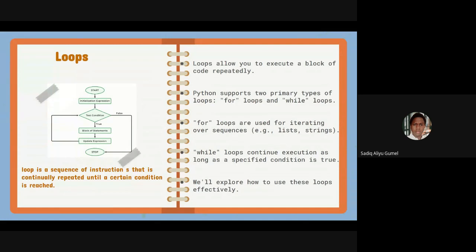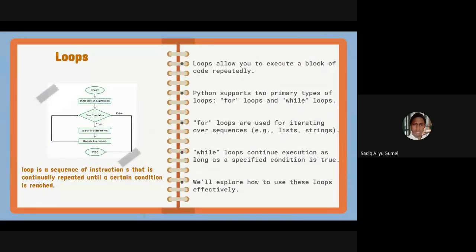Python supports two types of loops, for loops and while loops. The for loop is used for iterating over sequences. Imagine you have a list. We discussed list as a data type earlier. You have a list with a sequence of numbers, and you want to perform an operation on each and every number. You can iterate these numbers through a for loop.